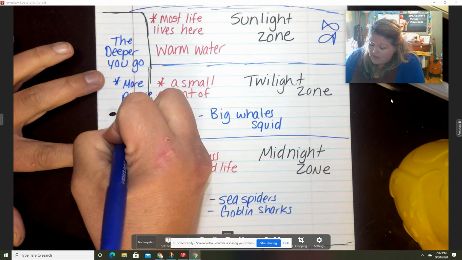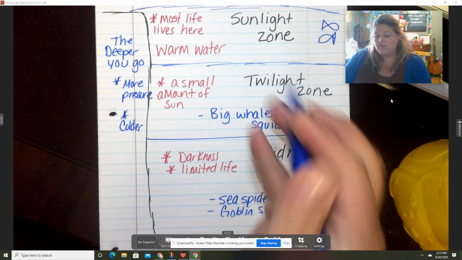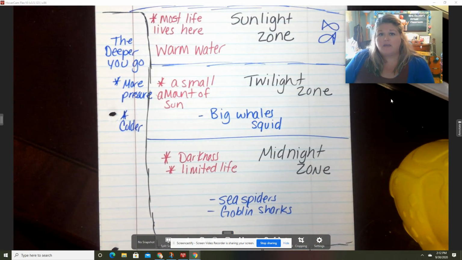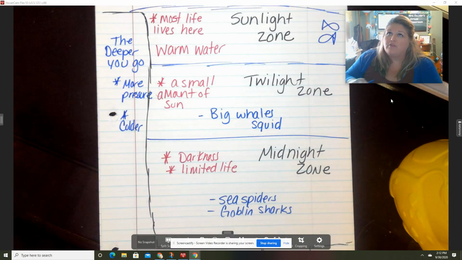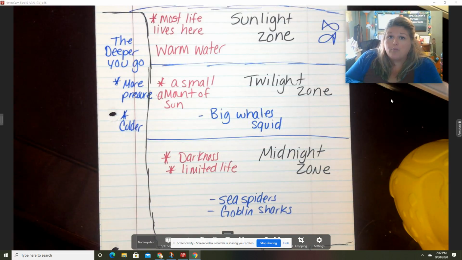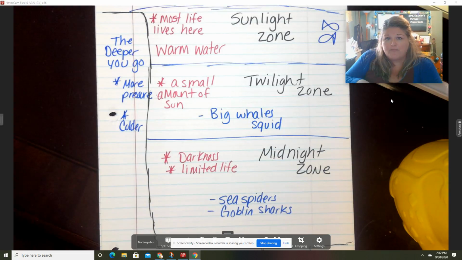It's also going to get colder, okay? The deeper you go, the less sunlight can penetrate. If you just think about a pool, I keep going back to it, but more of us probably swim in a pool than in oceans. I know I don't swim in the ocean, but I do love a pool. When you get into the shallow end, it's warmer because the sunlight can hit that water and go all the way through.